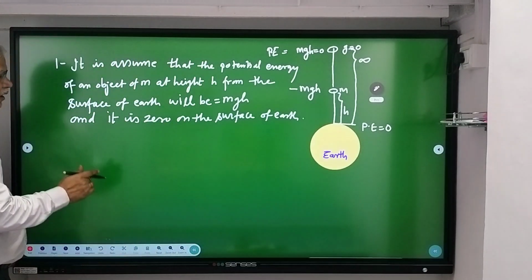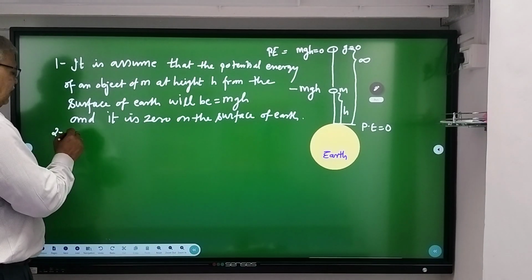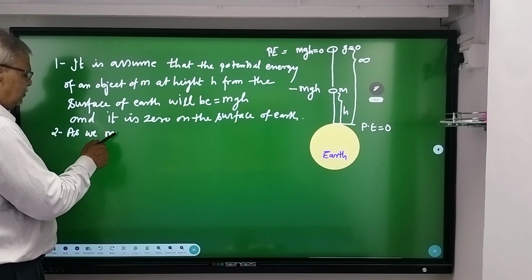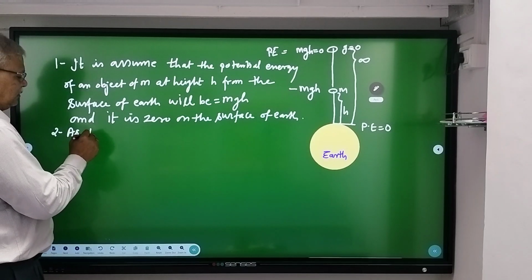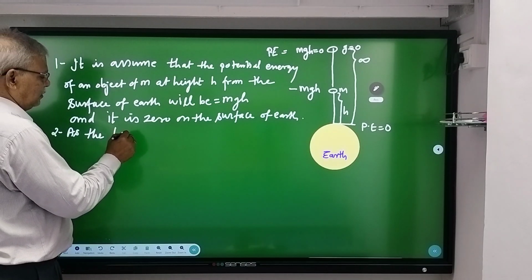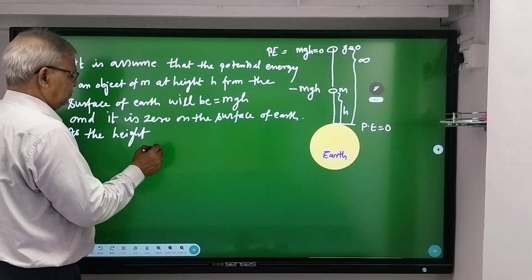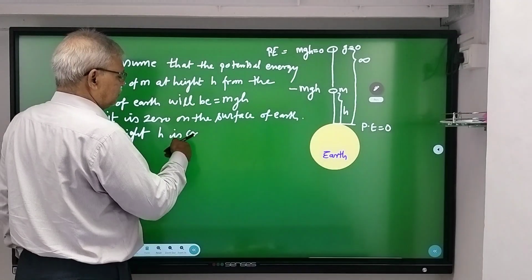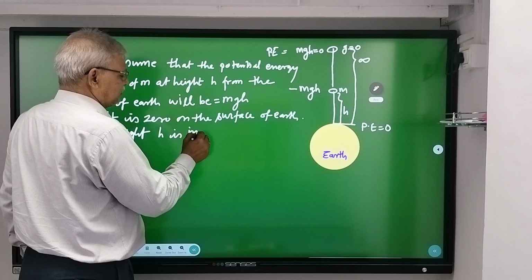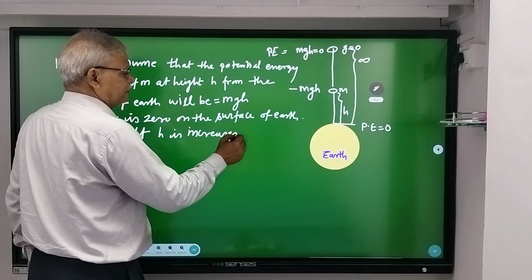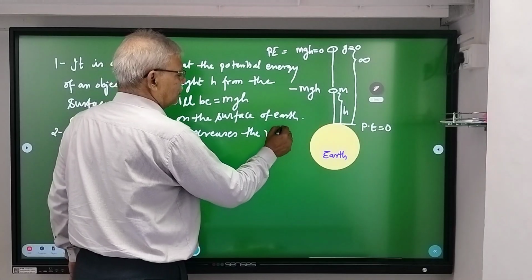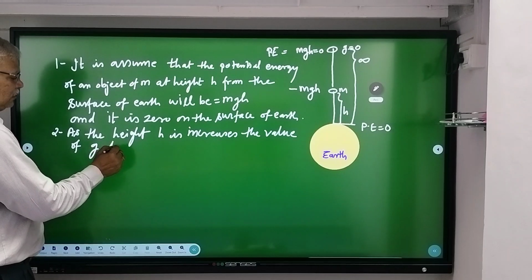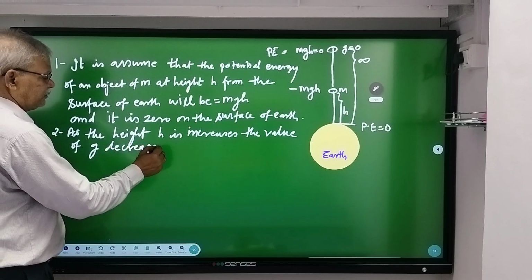Now see, I am going to explain that as we move, as the height h increases, the value of g decreases.